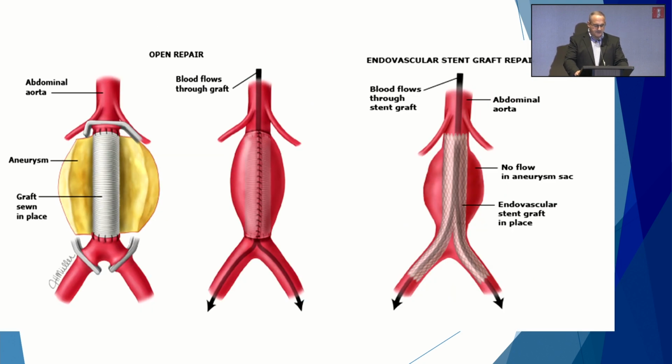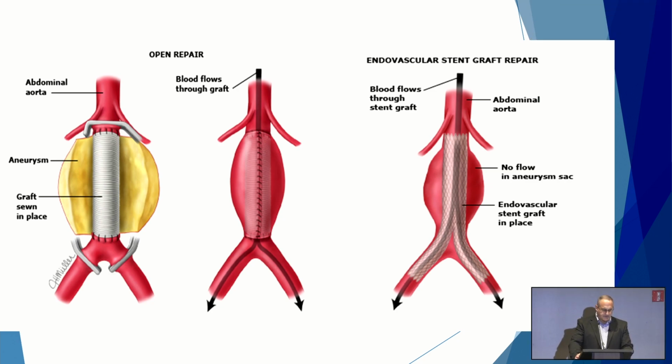Here are the similarities between the repairs. In the open repair, like I said, you open the sac and you sew from the top to the bottom. Blood flows through the graft. In the endovascular repair, you place the endovascular graft within the aorta, and the most important point about this is you want to basically obstruct flow into the aneurysm sac, and the most important aspect of that is making sure that you have an excellent seal at the aortic neck.